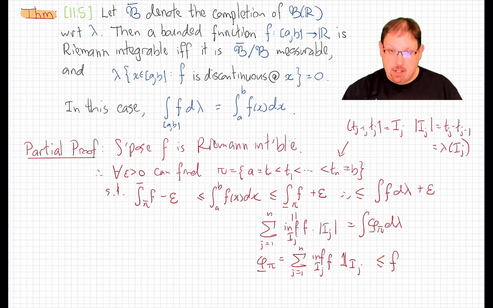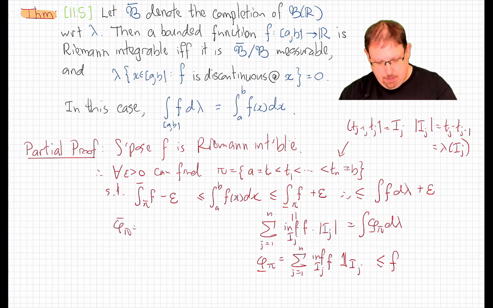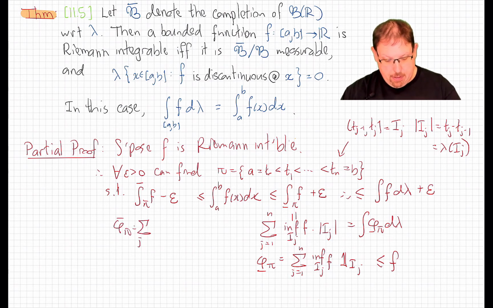Now, an entirely analogous argument, by constructing a phi upper pi to be the simple function which takes values supremum on I_j of f on the interval I_j, well, that means that this thing, the upper integral, is the Lebesgue integral of phi upper pi d lambda.